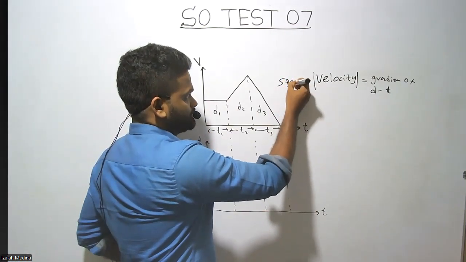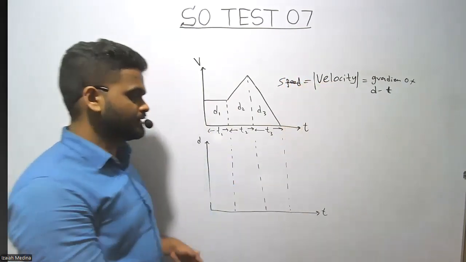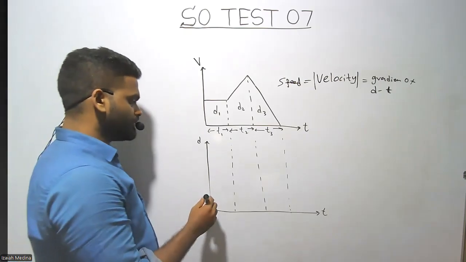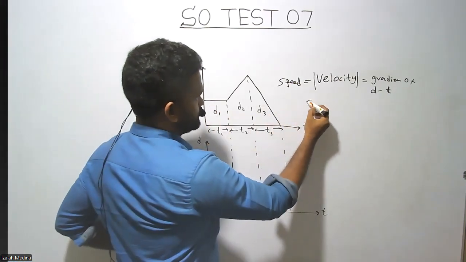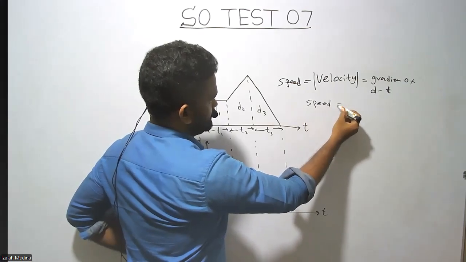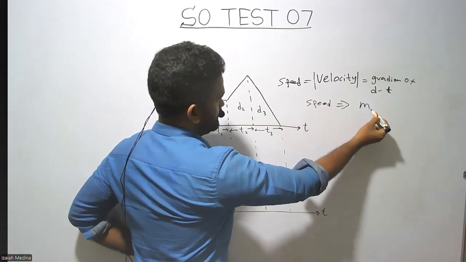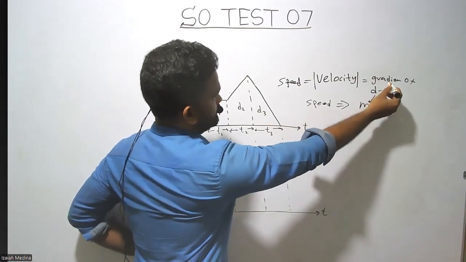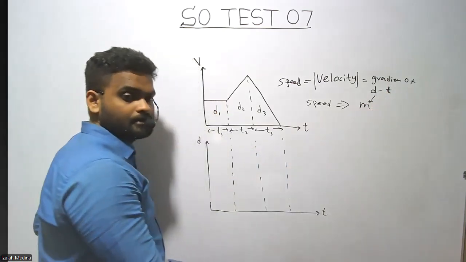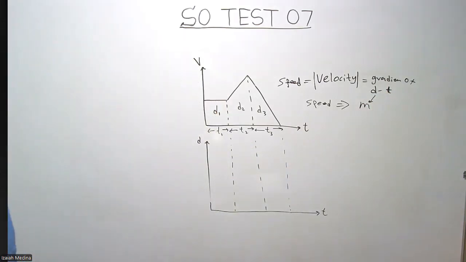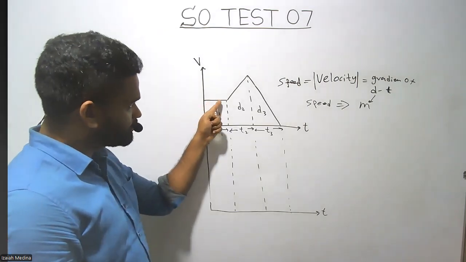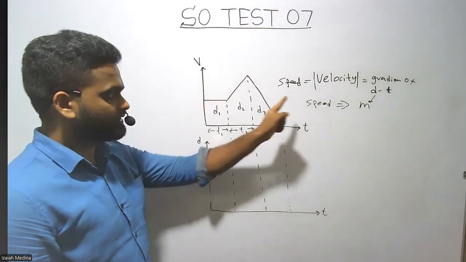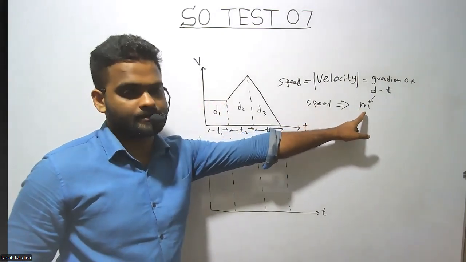Doesn't matter, right? So speed is the gradient of the distance time graph. Here the speed is constant. So whatever happens to speed happens to the gradient.